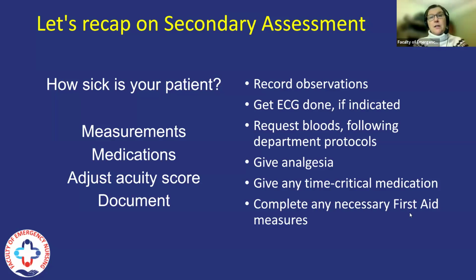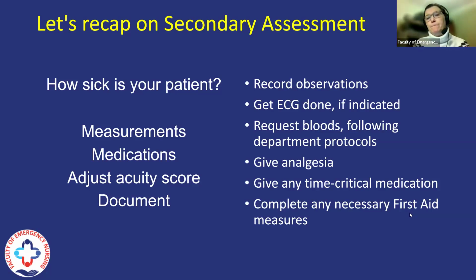That doesn't mean the patient gets to lie down and have their ECG and occupy that space the whole time. What we've seen in the pilot sites and the early adopters is that people are setting aside an ECG room where you might do an ECG, or you might do ECG and bloods, whatever's appropriate, and you might have an HCA or a technician, depending on what you call that role, doing that job at the request of the secondary assessment nurse.